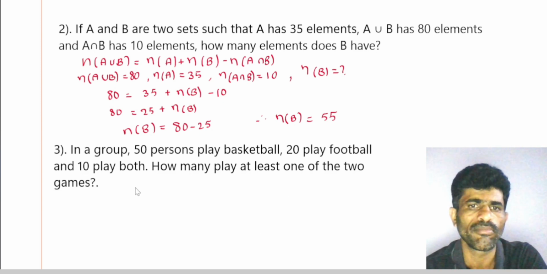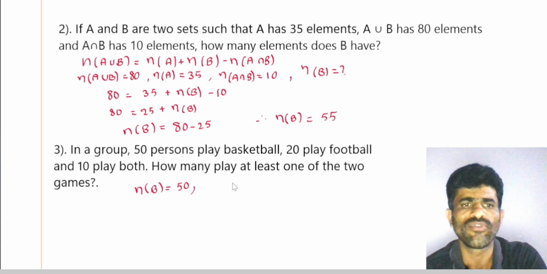N of basketball, let us take that as set B. So we know that n of B is equal to, how many people play basketball? 50. So n of B is equal to 50. And football, how many play football? 20.